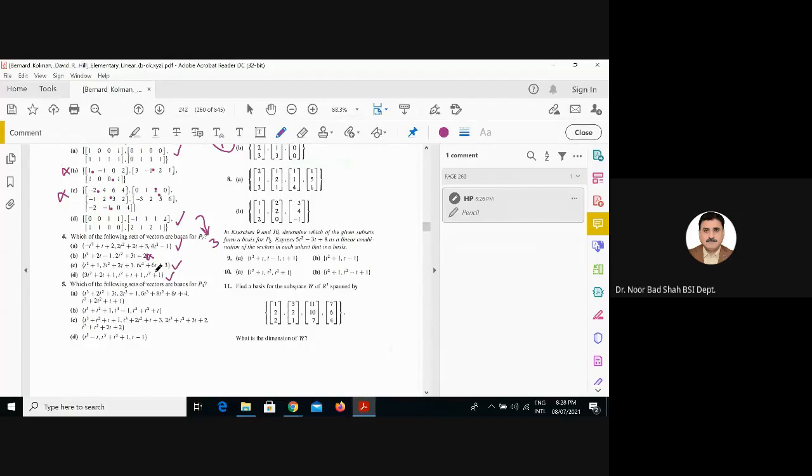I'm checking one of them, whichever you want me to check. So let me do the first one. The idea is the same as what we have done in class. So what would you do? You would take an arbitrary element at square plus bt plus c, and you would write that as a linear combination of these vectors.